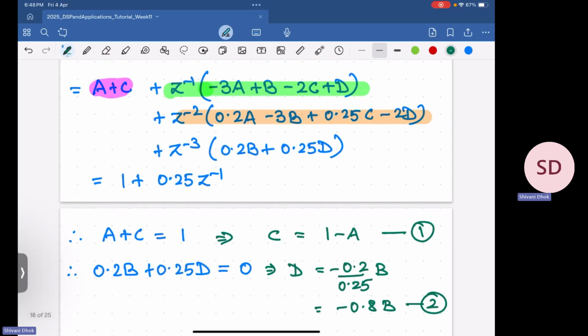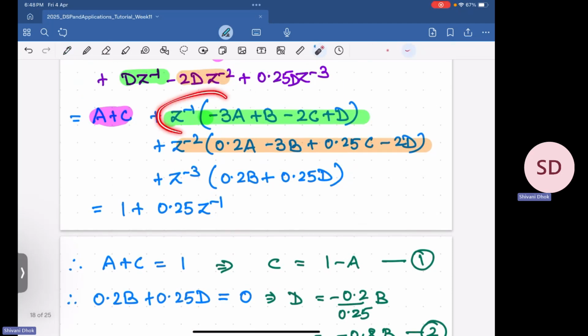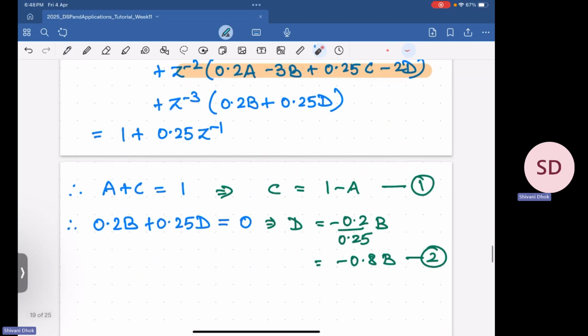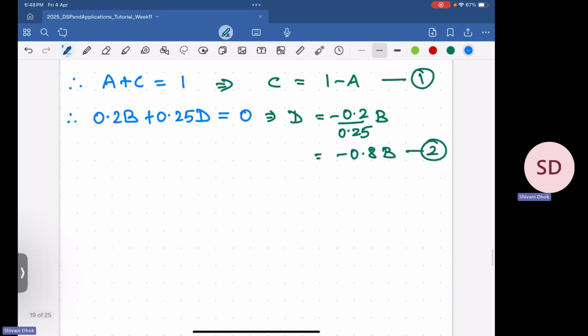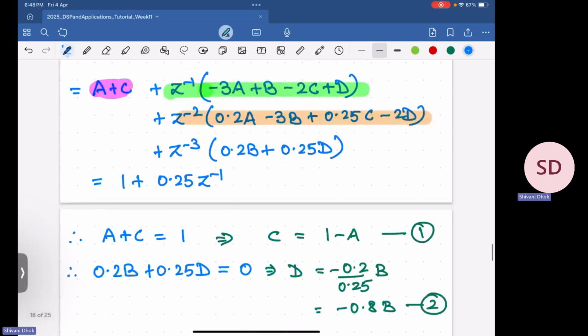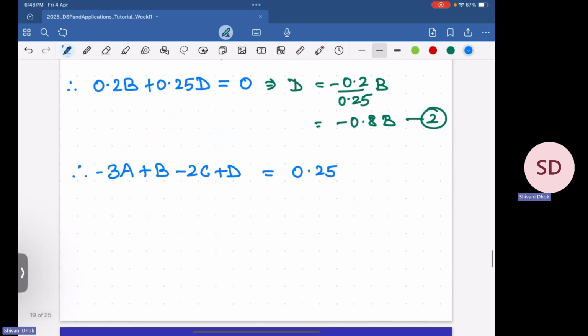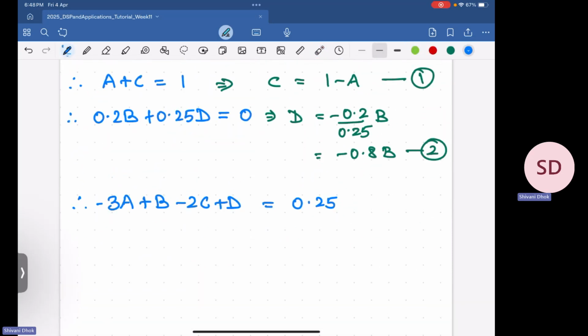Now let us focus on the remaining two things, the coefficient of z inverse and the coefficient of z to the power minus 2. So we have minus 3a plus b minus 2c plus d is equal to 0.25. So we simply equated this part to this. Now we'll make all of these equations in terms of only a and b.